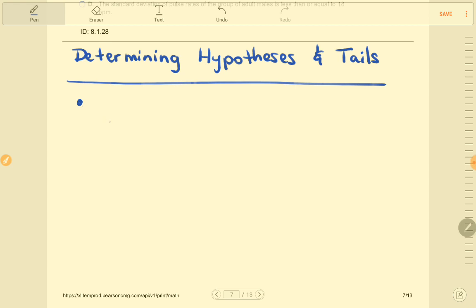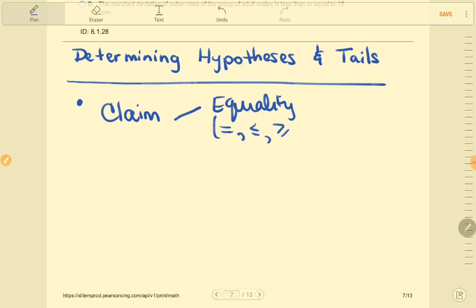And before I get started, let me give you one more thing to keep in mind. The claim, if it has equality in it, such as this sign, this symbol, or this one, then it becomes the null hypothesis.